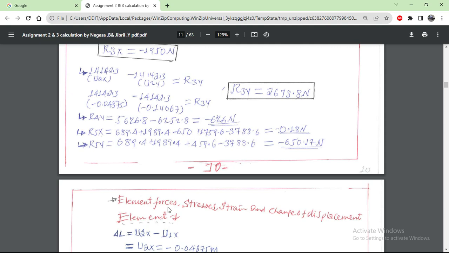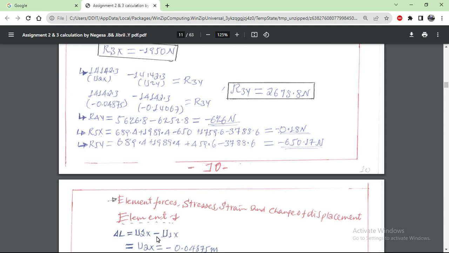The remaining items are element force, stress, strain, and change of displacement, which should be calculated. Change of displacement means the displacement from node number 1 to node number 2: displacement at node 2 in the x direction minus displacement at node 1 in the x direction.